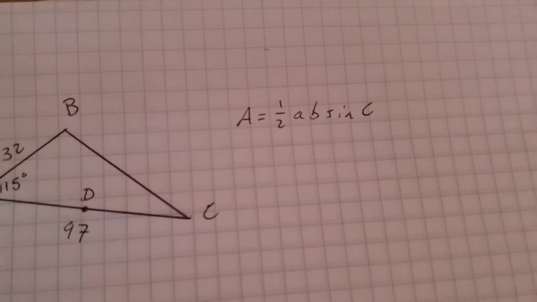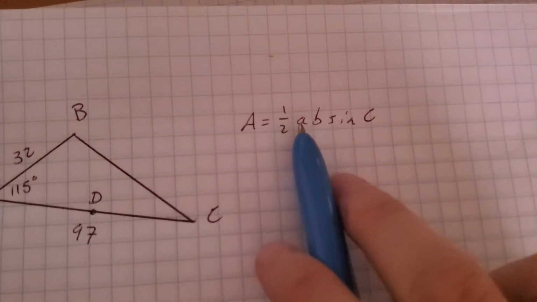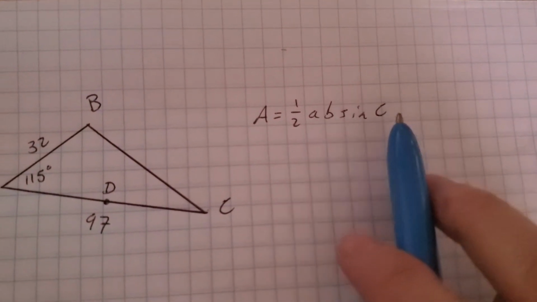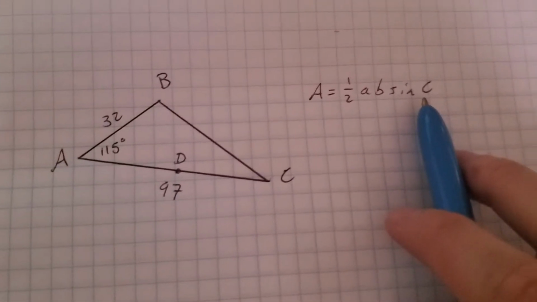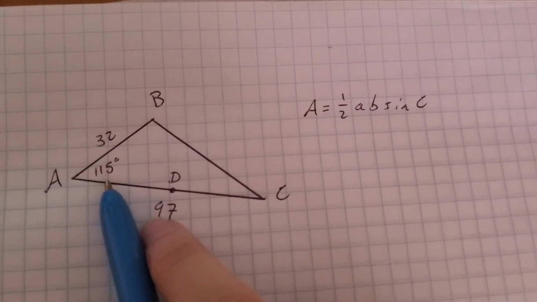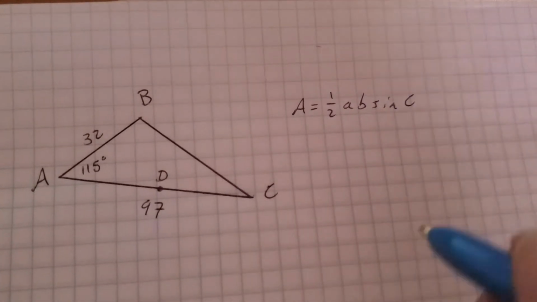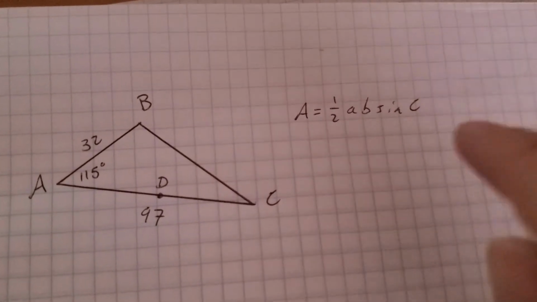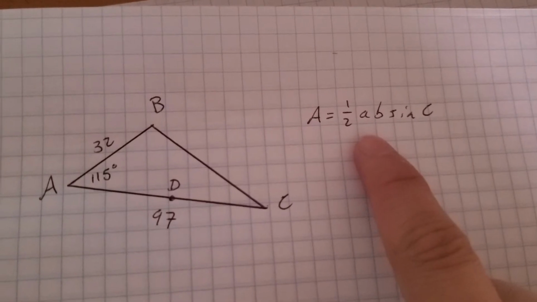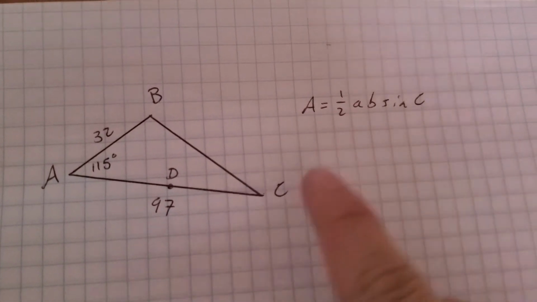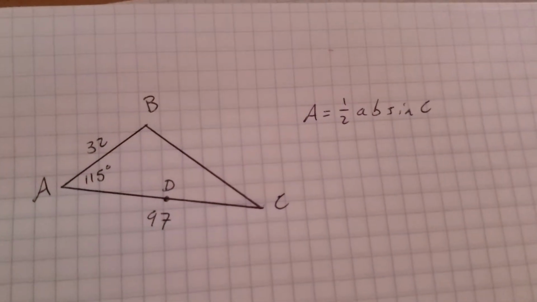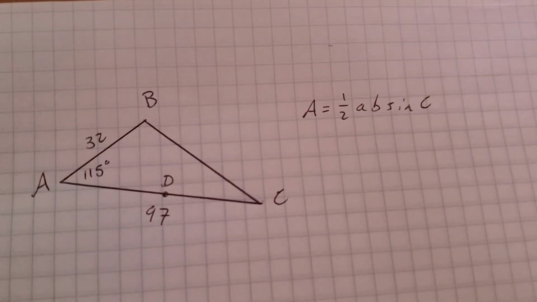Now there's only one formula that has lowercase a, lowercase b, and uppercase C. If you check here, the angle that is given to us is uppercase A. Well, that doesn't matter, this still works. This formula works. I'm not going to ask you to reorder the letters. You can do that, but I think that's too much work.